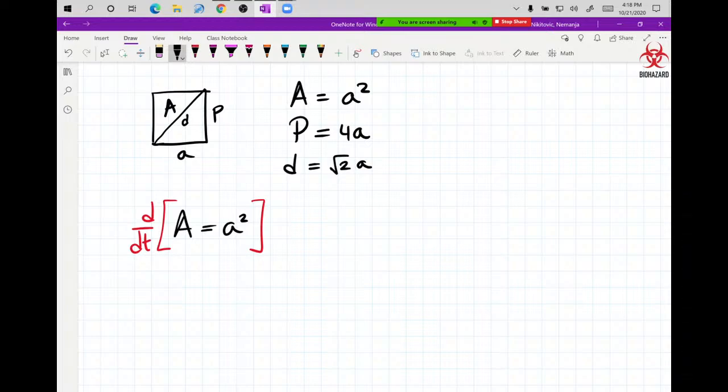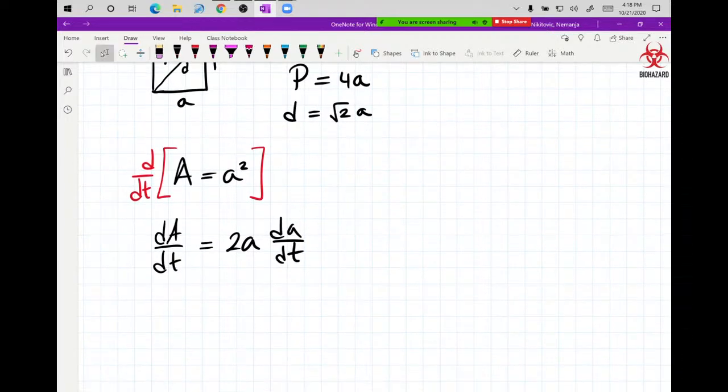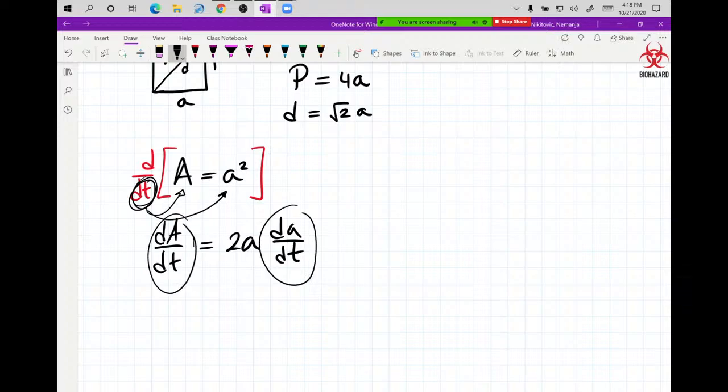We can do this using implicit differentiation. The derivative of area is 1, but then you have to follow with dA/dt. On the other side, 2a da/dt. So I am taking the derivative with respect to time, and by our implicit differentiation section, we know that anytime the variables don't match, you have to follow with the chain. So that's where we got this dA/dt in each case.